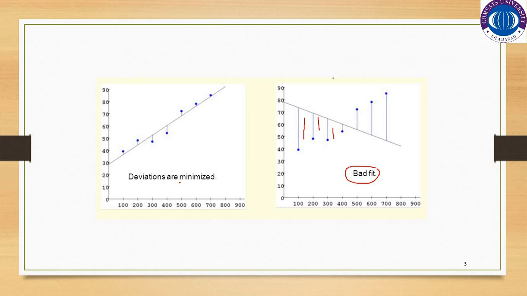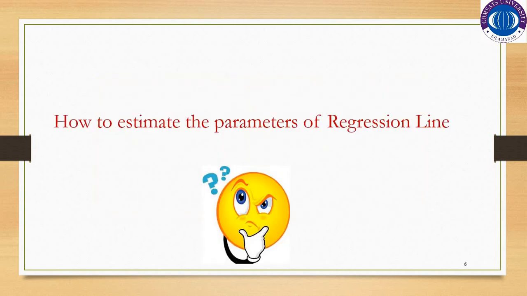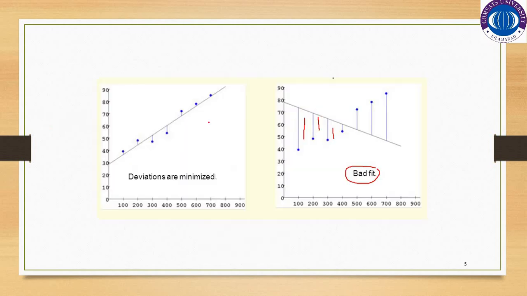So if you want a good fit, the distance between the line and the data points should be minimum, and we should minimize it. Then how do we estimate the parameters of the regression line? This is the question: what strategy or which method should we adopt so that we can minimize this distance and get the better fit?